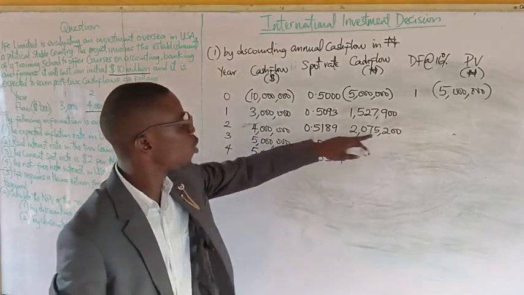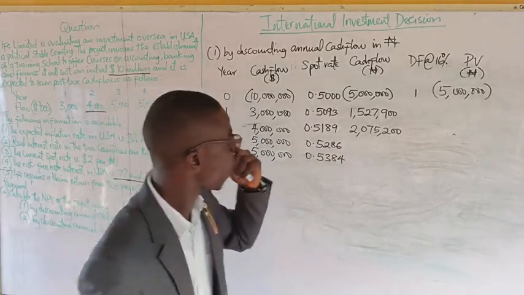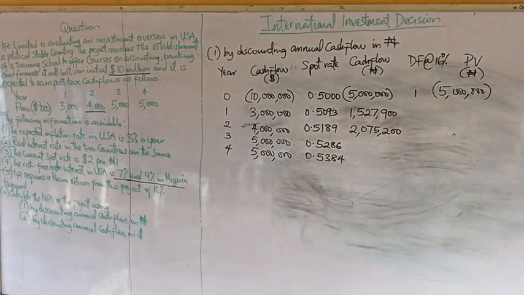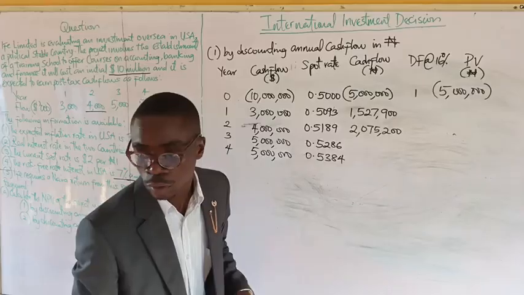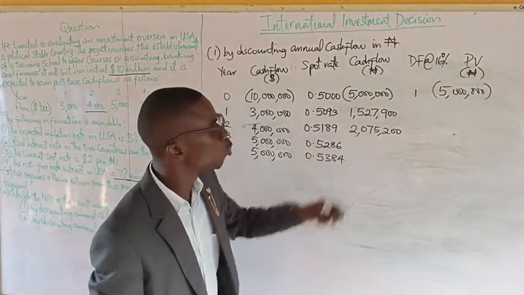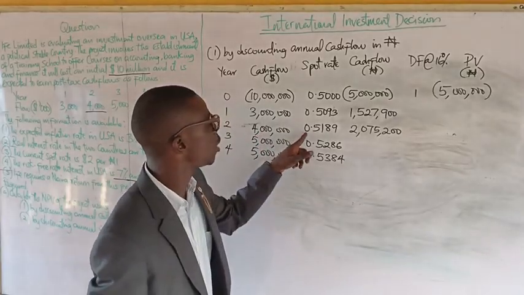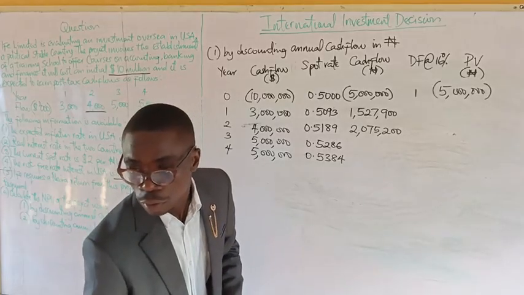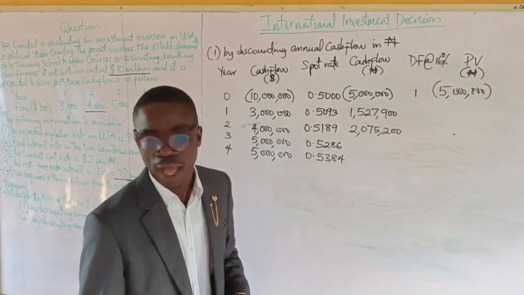So is it correct now? Is this one still correct? We have multiplied it now, so change it. Let's be fast. This one will be 4 million times 0.5189.